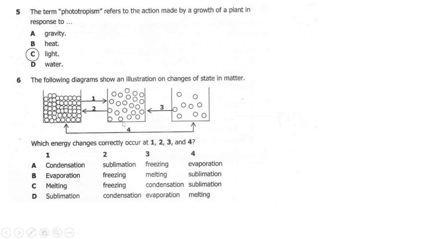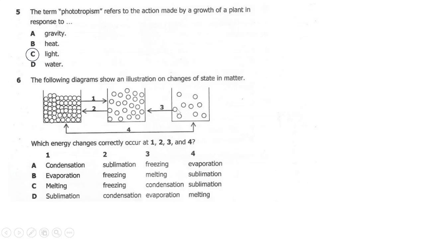Then we have this in which the particles are not as close as they are in this. So this should be liquid. Then here the particles are further apart from each other than they are in liquid. So this is gas. So then these are the changes that they're telling us, like maybe you have a change from gas to solid, which is number 4, or vice versa from solid to gas.